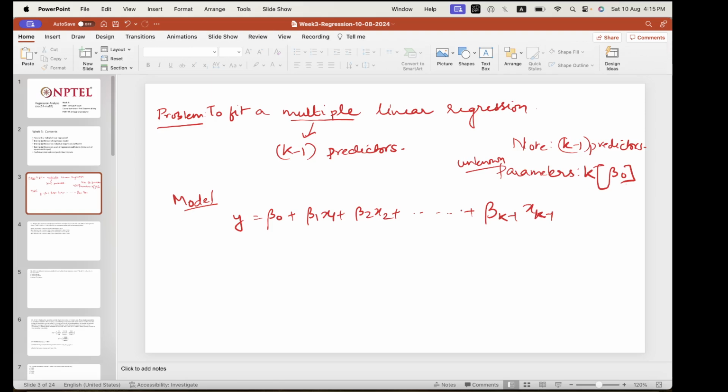Alright, now this one plus some error term, which will account for the variation which cannot be explained by these k minus 1 predictors. Okay, so here what we have to do is essentially the same thing.